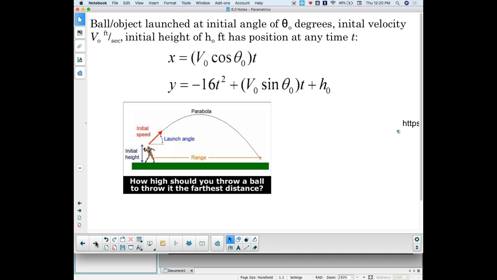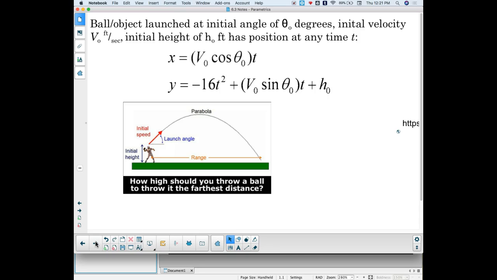When we launch it, we have to factor in how fast we're launching it. We have to factor in the angle, because if I launch it at a much steeper angle, it's not going to go as far, because all the stuff's going to go vertically. So factor all that stuff in.